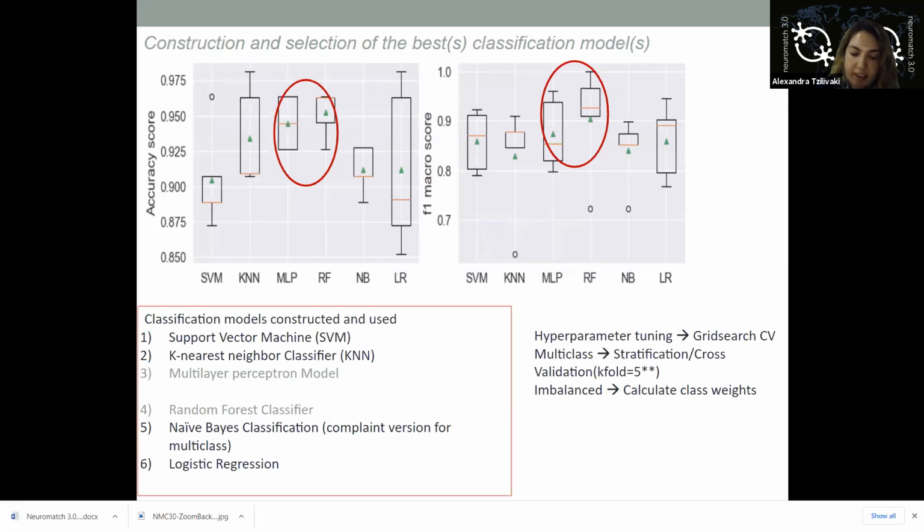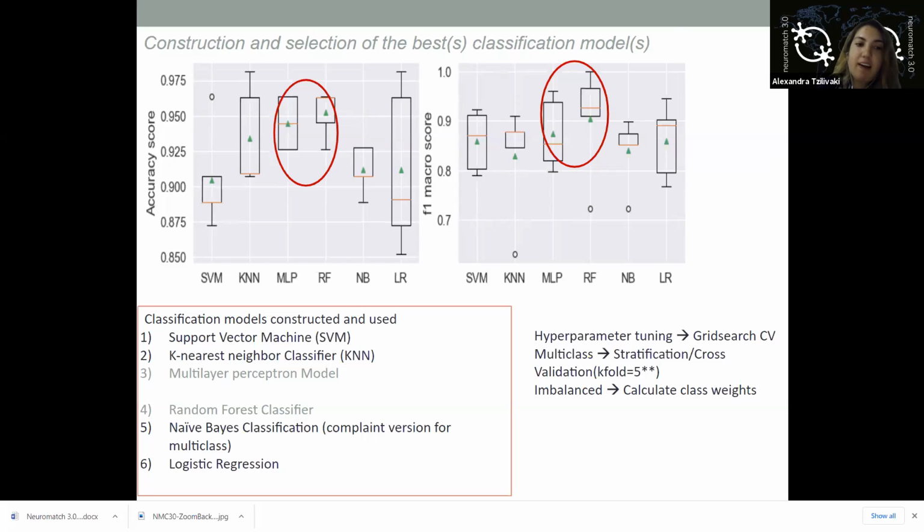The first step is that throughout all the procedures we use the Sklearn module in Python, which is a freely available open source module with great documentation, highly suggested. We constructed and tested the performance of several classification algorithms that are applicable for our task, which is a multi-class and imbalanced task.